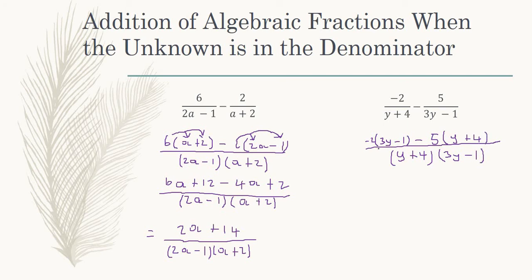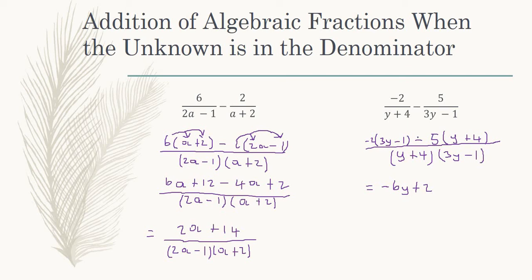At this stage, we're going to apply the distributive law, which is to take what is outside of the bracket to multiply each term inside of the bracket. So negative 2 times 3y, that's going to give us a negative 6y. Then negative 2 times a negative 1, that's going to give us a positive 2.